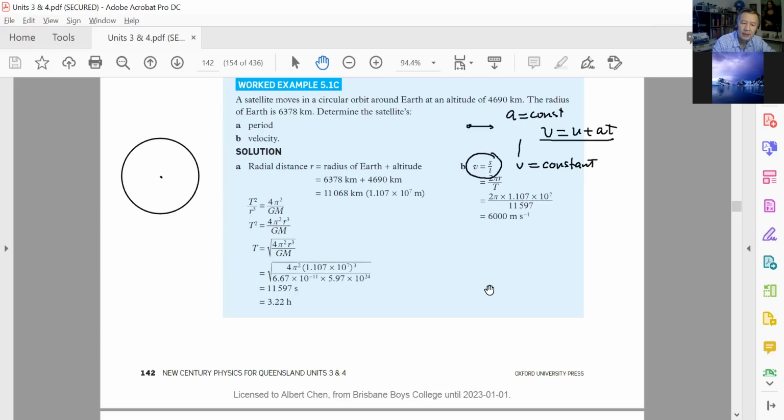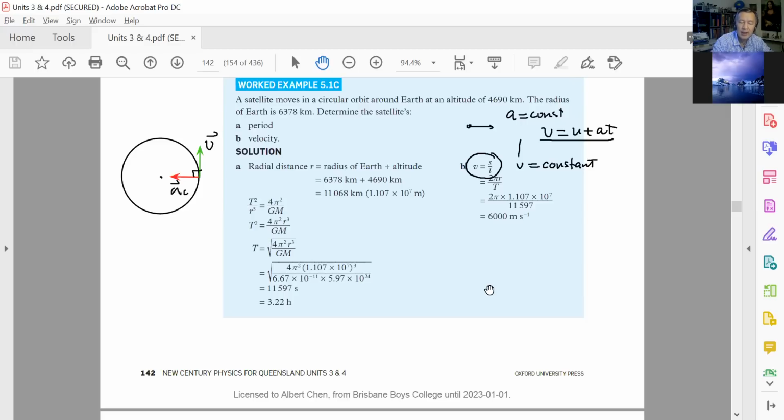The acceleration is centripetal, meaning toward the center. However, the instantaneous velocity is perpendicular. So in principle, you cannot change the velocity amplitude. The only thing you can change is its direction.